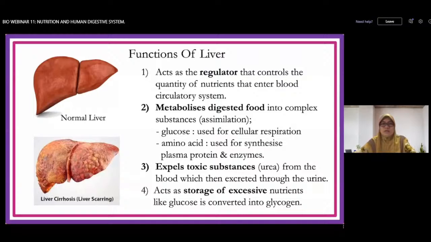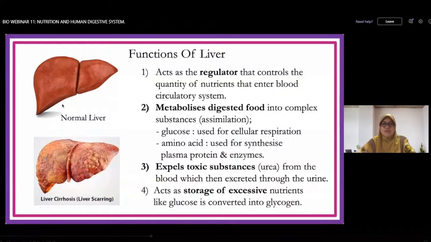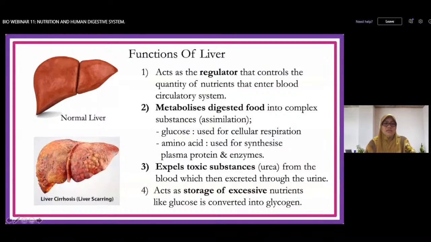Okay, so kalau kamu tengok dekat diagram ni ada dua gambar kat sini, satu gambar normal liver satu lagi liver cirrhosis. So insya-Allah kita normal liver lah ya. Kalau orang yang hati dia jenis cirrhosis ni, liver dia macam mana tahu?